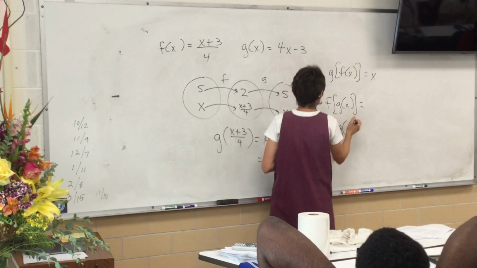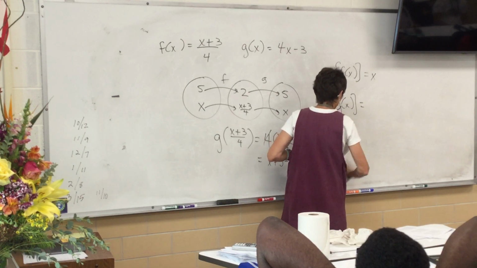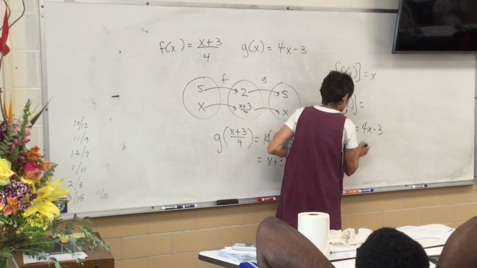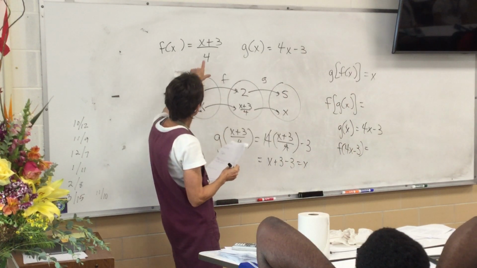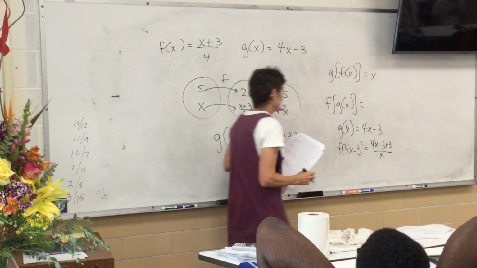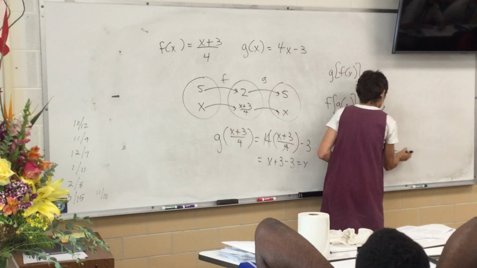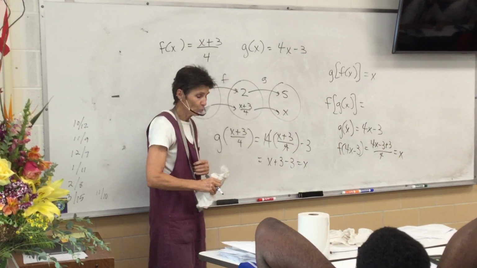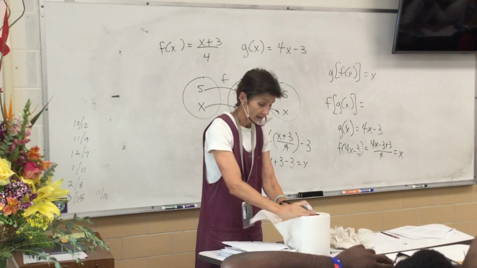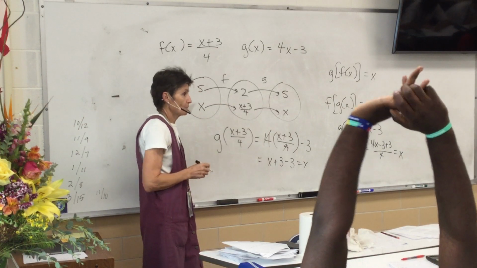So G is 4x minus 3. And if I plug that into F, I better get x again. Do I? Yeah. Does that equal x? That's your proof. So how do you prove that things are inverses? You build the composition F of G and G of F and prove that they both equal whatever you started with.